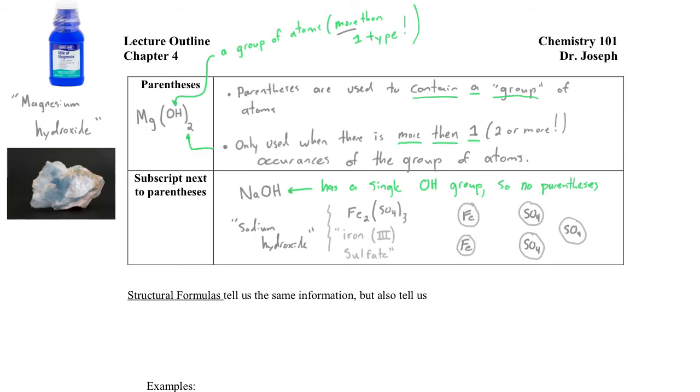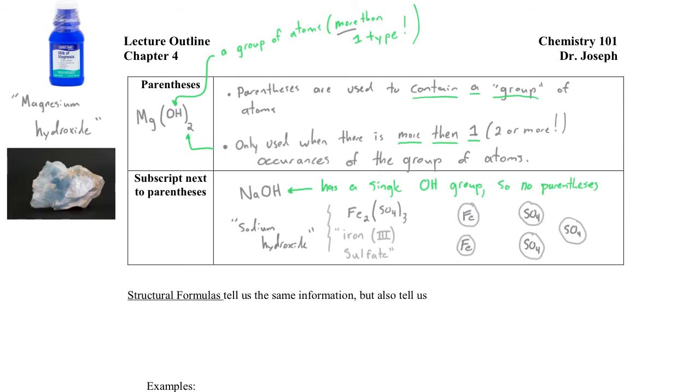I didn't say 3 sulfur atoms or 12 oxygen atoms, because that would be thinking about the sulfate group as individual sulfur and individual oxygen atoms, when that's not the case. Notice here that we're using parentheses, and the parentheses tells us the stuff inside of the parentheses is a group of atoms that's stuck together. We just have multiple occurrences of those, and in this case we have 3 occurrences of the sulfate group.